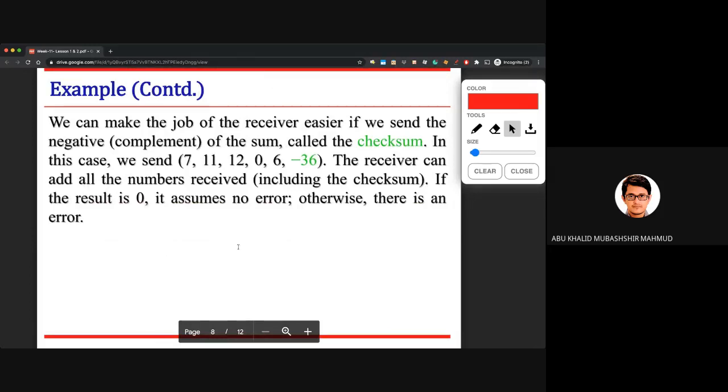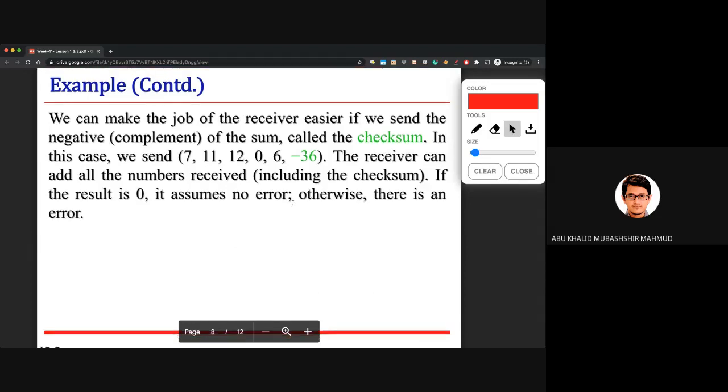We can make it easier if we send the negative of the sum, that is, minus 36 in place of 36. Then if we add the received numbers with the received negative of the sum, and the result is 0, we can think it is uncorrupted and accept it. Otherwise, we can discard it. So this is what is being told right here.